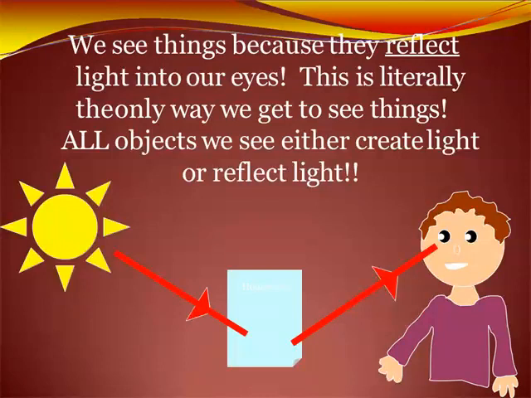Similarly, if the room is dark, no light is reflected, so we can't see anything in a dark room. Whatever things we see is the reflection of light. The light is reflected there and it reaches our eyes, and we have a specialized function to see the light.